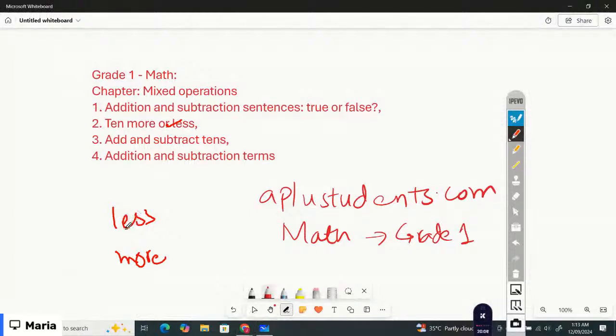For example, if you are given a number that is 10 less than a number, 10 less than means you need to subtract 10 from the given number. You can find the number that is 10 less than the given number. And 10 more means you need to add 10. More means you need to add, and less means you need to subtract.